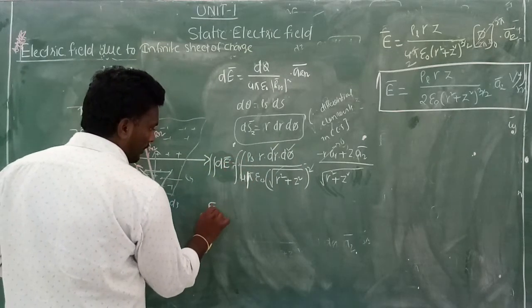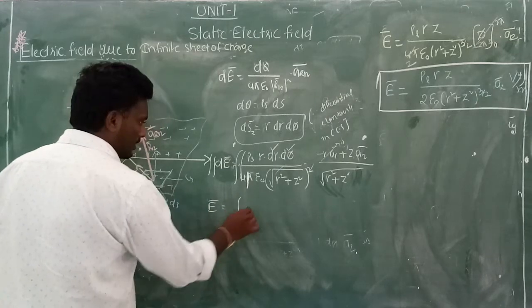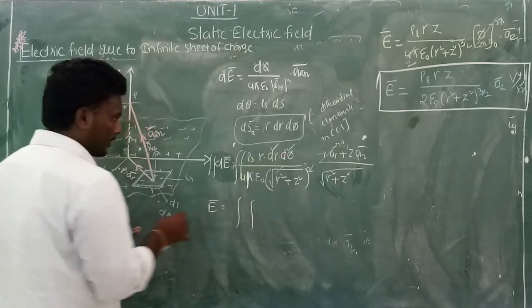E bar is equal to one integration with respect to r and one integration with respect to phi.